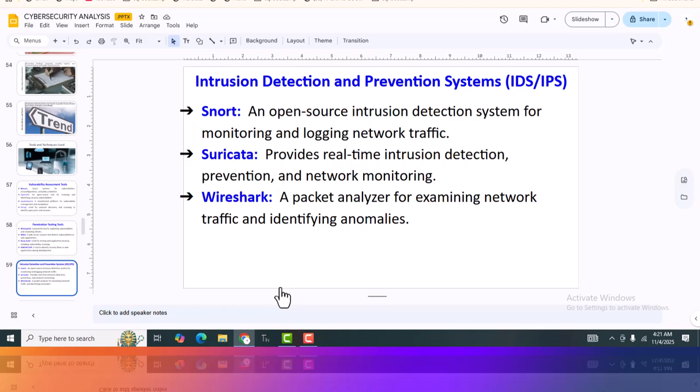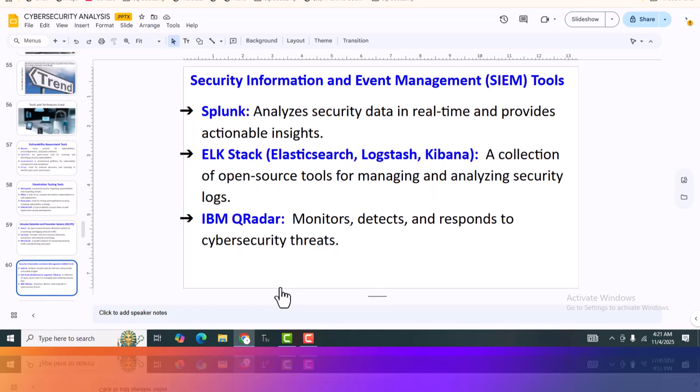We also look at security information and event management tools like Splunk, QRadar, and every other security information tool that we need.